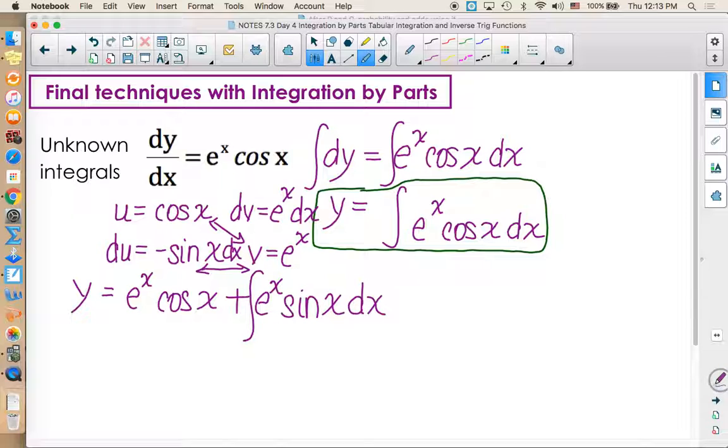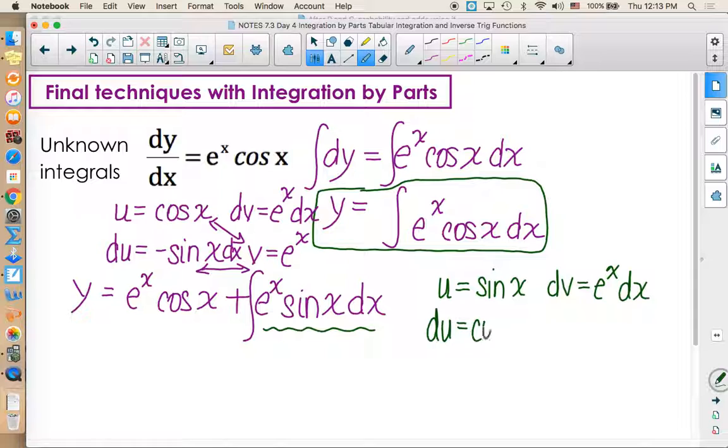And when I get there, I'm thinking, okay, I now have another integral here that I need to take apart by parts. So I need to pick, again, another u and a dv in order to take this one apart. But what I'm starting to recognize is that I could get trapped in kind of an endless cycle here. So if I make this my sine of x term, and then I take my dv to be my e to the x dx, I see that I'm going to end up in a similar place.